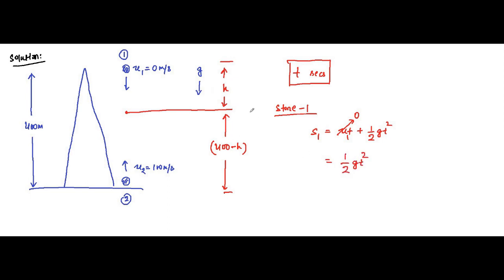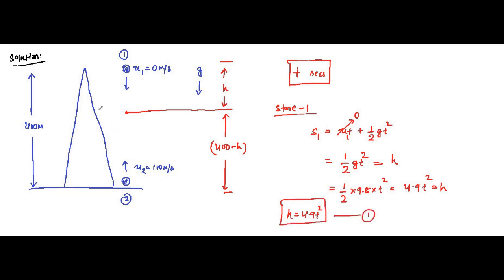This much distance stone 1 travels, which is the height h. If we put g equal to 9.8, it will be 4.9 t square. So h is equal to 4.9 t square. This is a very important equation.